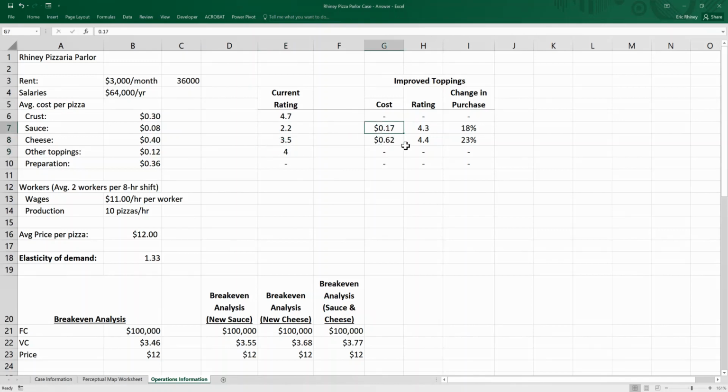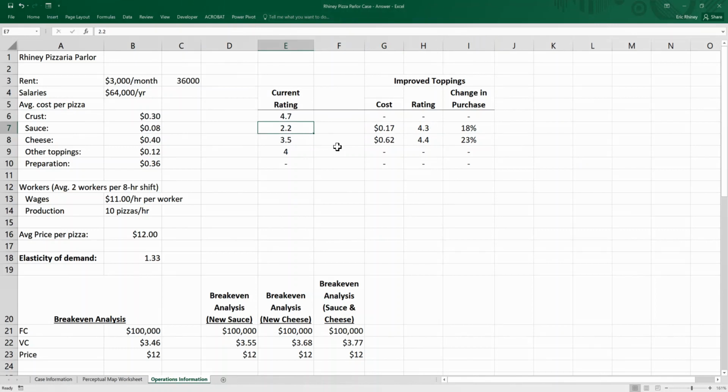And we've done some costing and some analysis on improving the sauce and the cheese. These are 2 areas that we can improve. Cost for the sauce is $8, but we can do a new sauce at $17, and it has an approval rating of 4.3 compared to a 2.2.